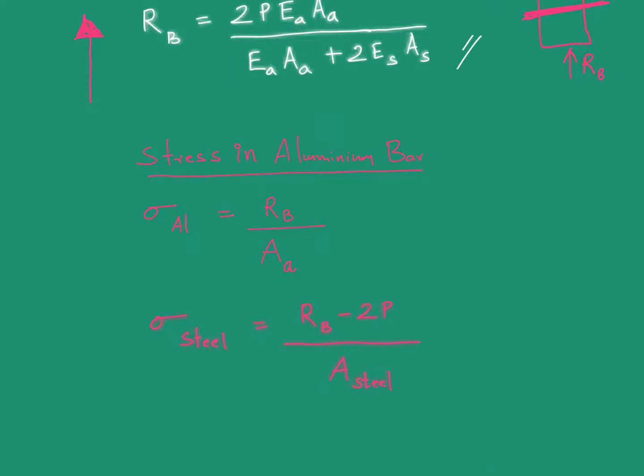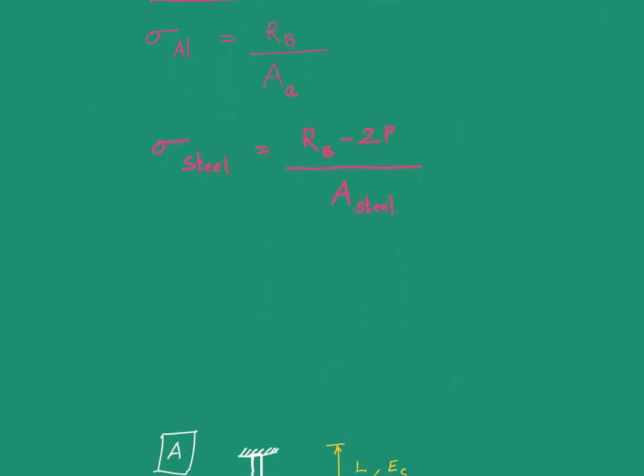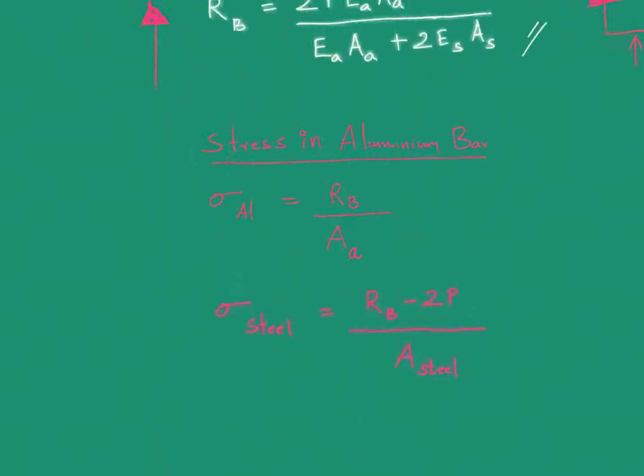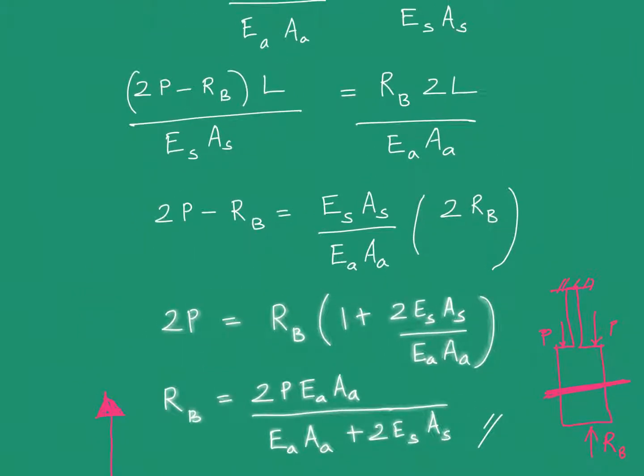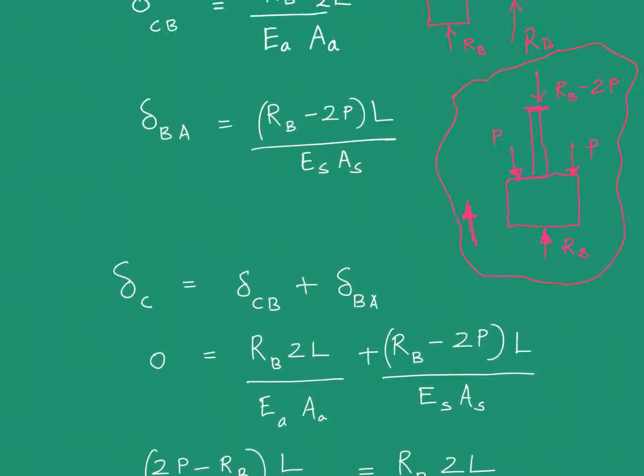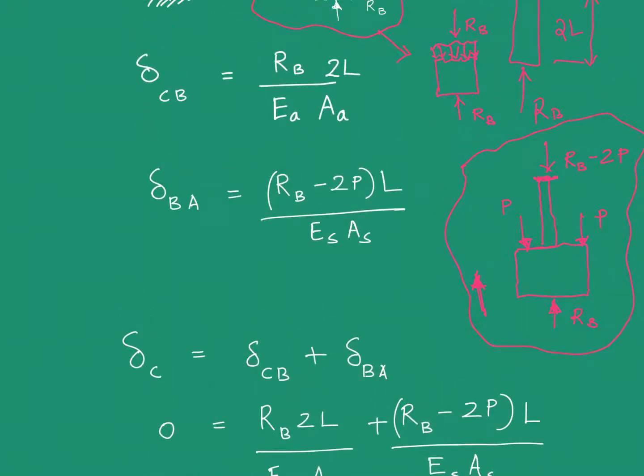in the steel segment. So what you learned in this problem is how to solve statically indeterminate problems, and always use the concept of free body diagrams when you are asked to find the force acting in each of these sections.